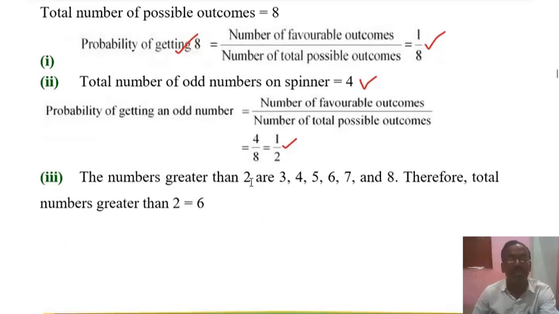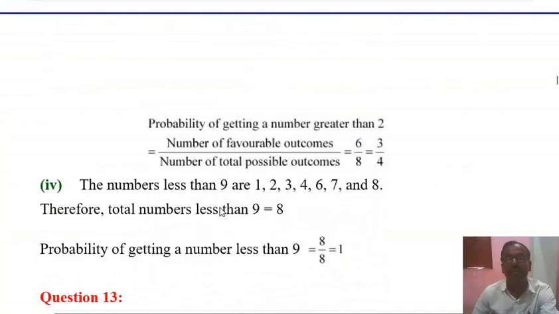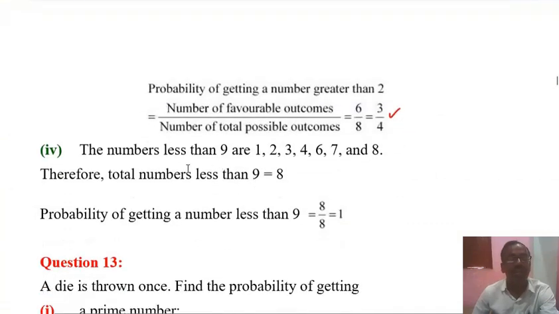The numbers greater than 2 are 6, so here it will be 6 by 8 and the answer will be 3 by 4. Now the numbers less than 9 are 8, so the probability of getting a number less than 9 is 8 by 8, equal to 1. So I hope there is no problem understanding the solution of parts 1 to 4 of question number 12.